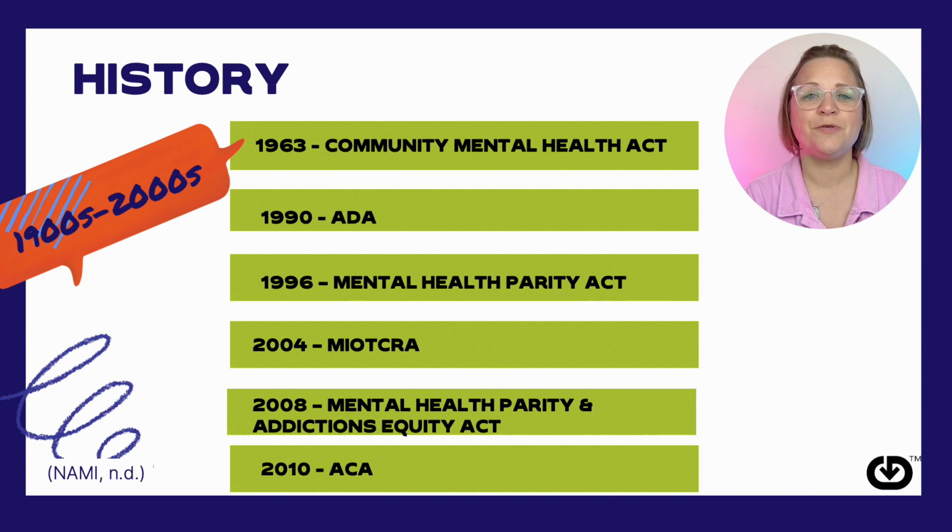And the last two laws that you're seeing here on your timeline are the Mental Health Parity and Addictions Equity Act and the Affordable Care Act from President Obama. Now, these last two acts continue to expand on coverage and require insurance coverage for mental health, just like they do for medical health. So you can see that we've come a long way in just 150 years.